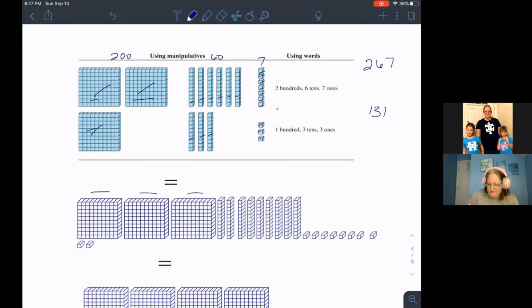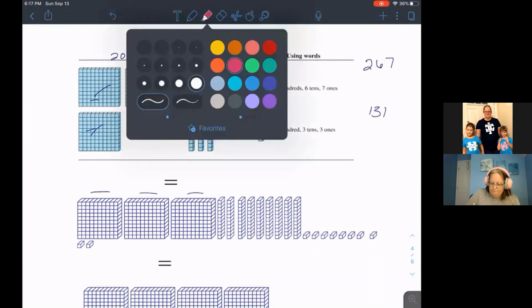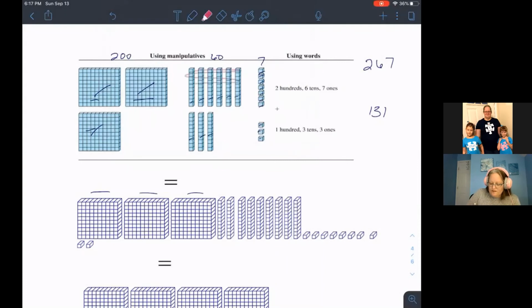And then all of these combined would give you 1, 2, 3, 4, 5, 6, 7, 8, 9. And then you have the singles. You have 1, 2, 3, 4, 5, 6, 7, 8, 9, and 10.